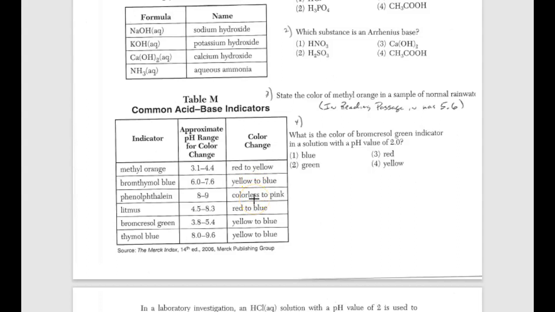Colorless and pink makes a light pink. Red and blue, purple. Yellow, blue, you're going to have green in between, and thymol blue, you're going to have green in between. Well, 2.0 with bromcresol green, and we're going to be below the 3.8, which makes, again, the color here yellow, which is choice 4.